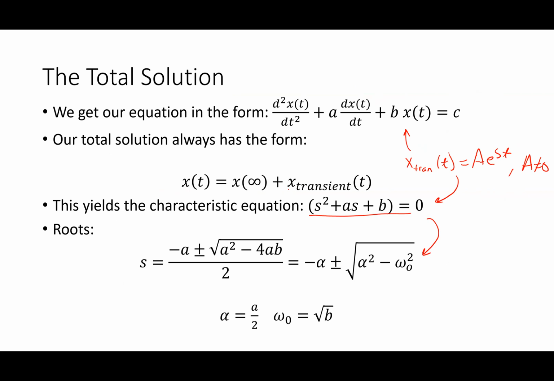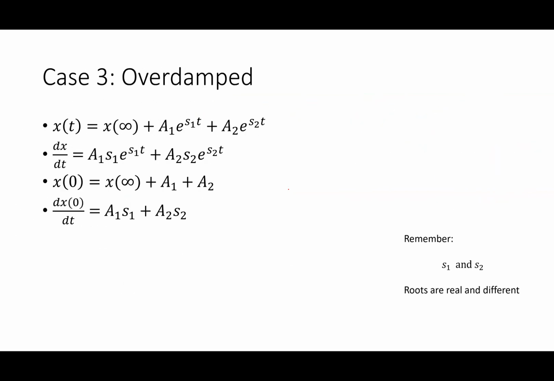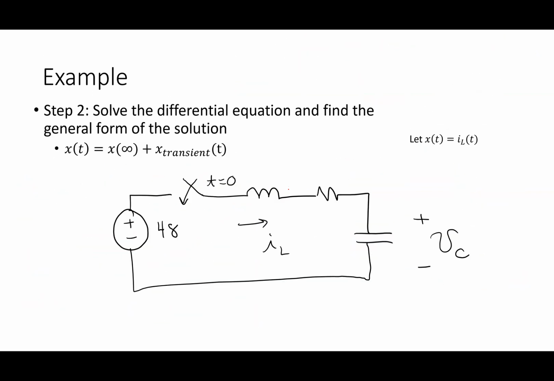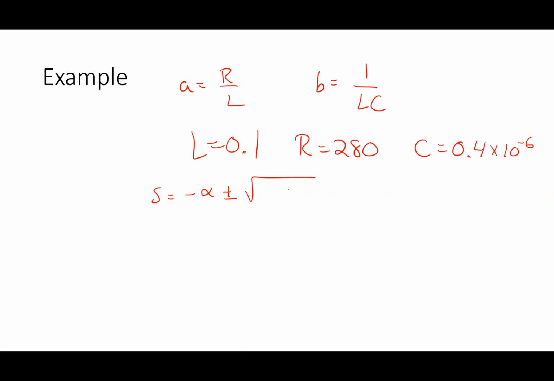Alpha squared minus omega naught squared. Okay. So it's alpha squared minus omega naught squared. And it's always true that alpha equals A over 2 and omega naught is the square root of B. Okay.